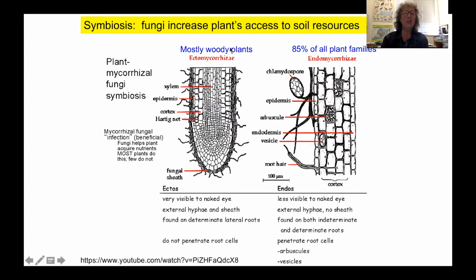This picture shows you the two main kinds. There's ectomycorrhizae, which are primarily in woody plants, and then endomycorrhizae, which are in pretty much all other kinds of plants. You're hard pressed to find plants that do not have mycorrhizal fungi.